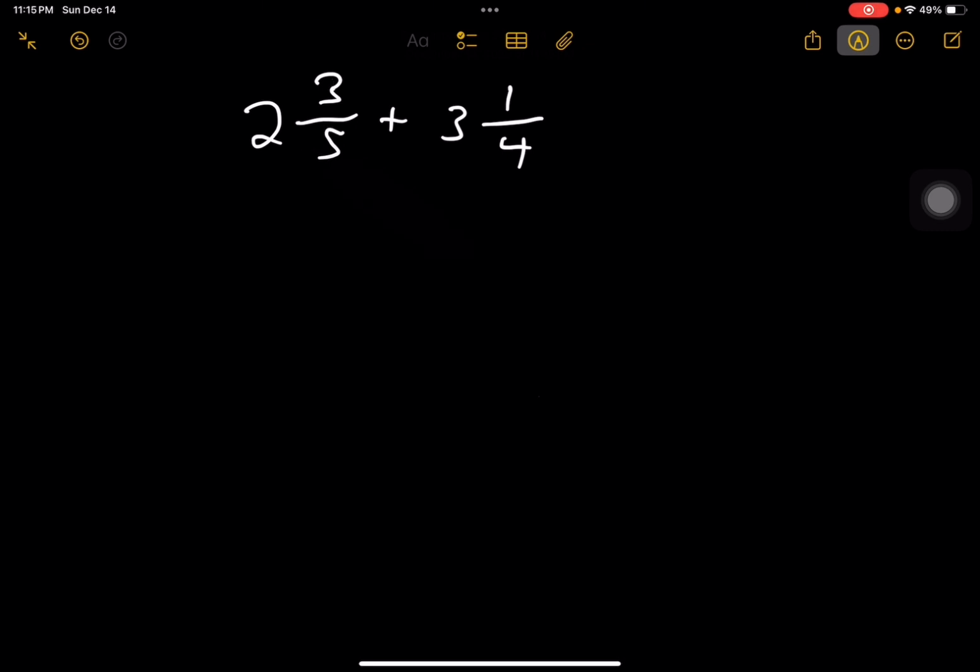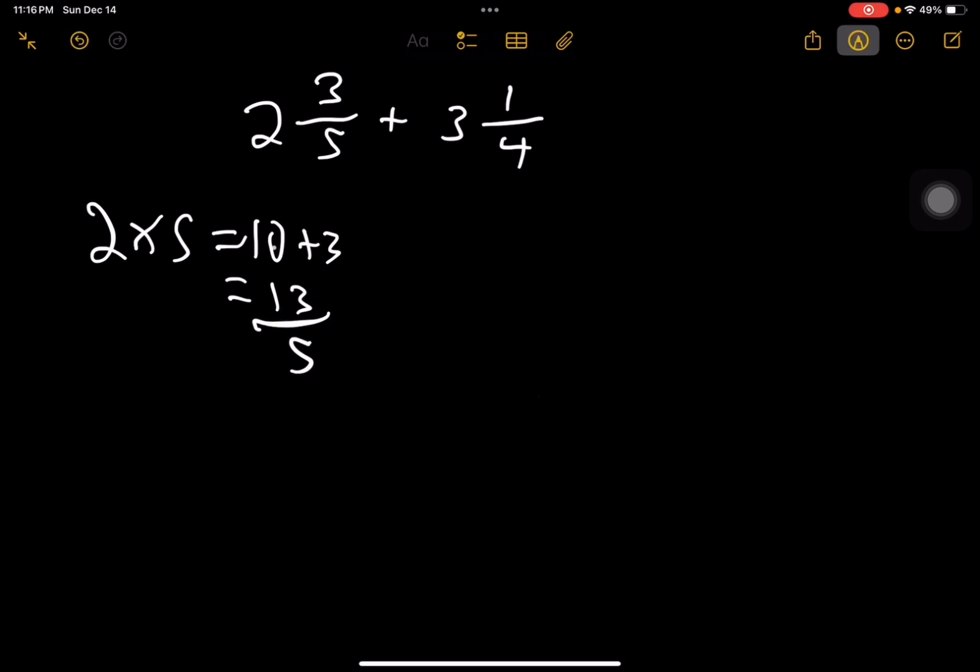And then let's add the numerator, which is 3. Now 10 plus 3 gives us 13. So now that we have 13, let's put 13 in the numerator. So it would be 13 over 5.